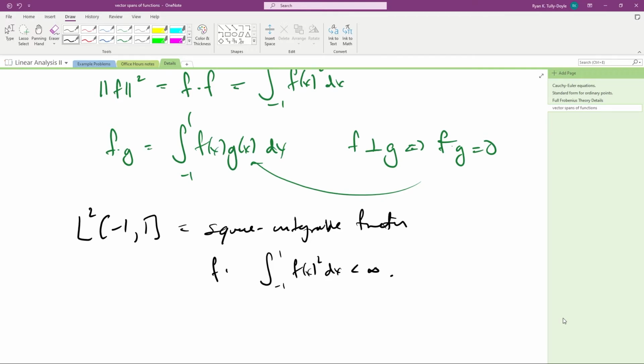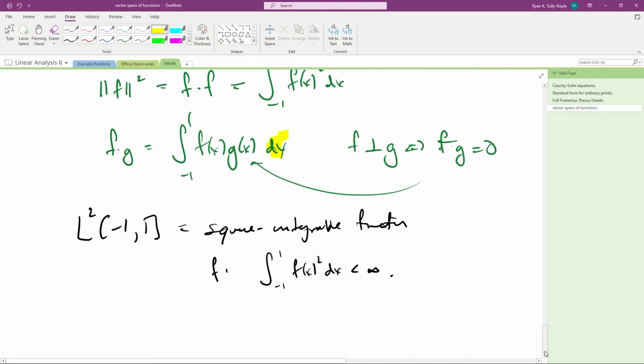Discontinuous functions, for example, functions with lots of discontinuities, and with a modification of dx that I'm overwriting because we're not in a super upper division math class or graduate school, if you're careful about the way you define the integral, there are functions in here that have infinite discontinuities. So L2 contains really, really nasty functions.